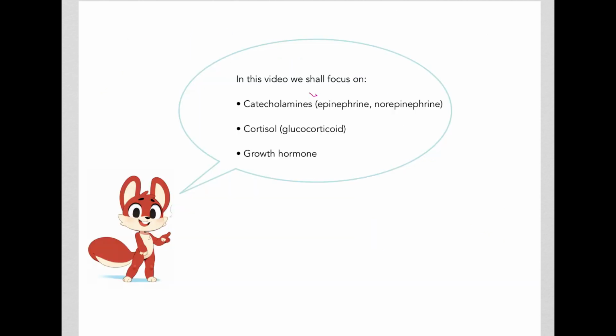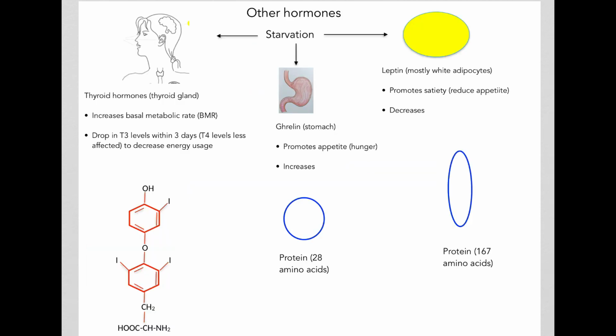So this is the role of catecholamines, cortisol, as well as growth hormone during starvation. As mentioned before, starvation causes a drop in the thyroid hormones, especially T3, and this happens within 2 or 3 days of starvation.